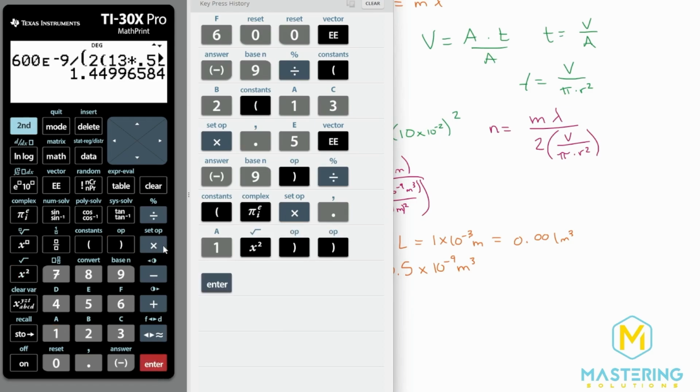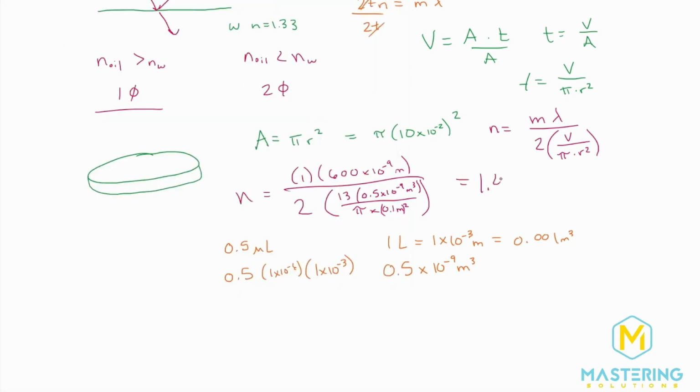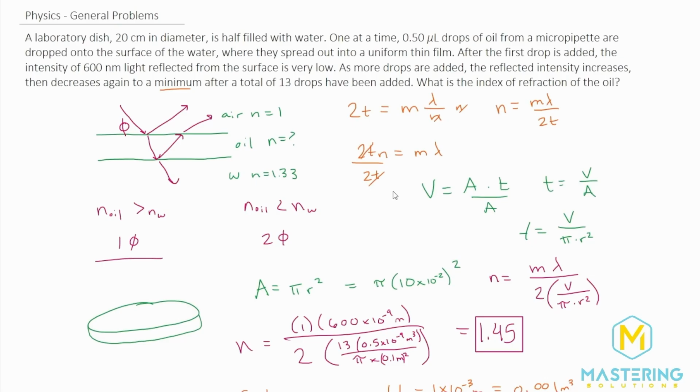So now we have our answer. The index of refraction is 1.4. You could round that to 1.45. So the n is 1.45. And so our reasoning up here at the top of the question that the n is greater than that of the water was correct. We only had one phase change, and the n is 1.45, greater than water, 1.33.